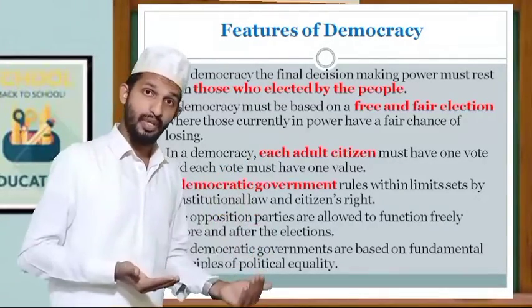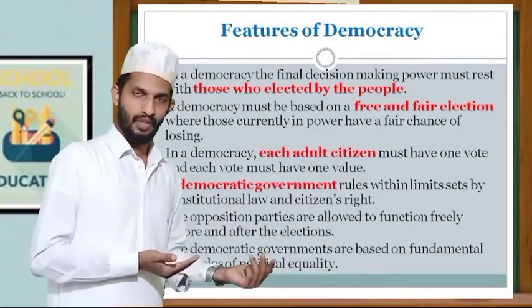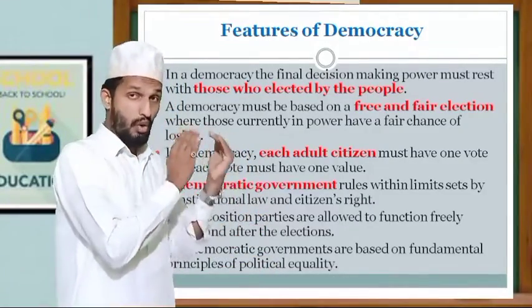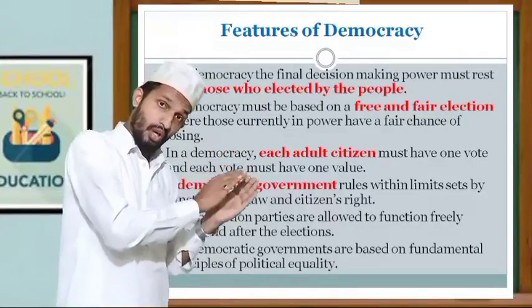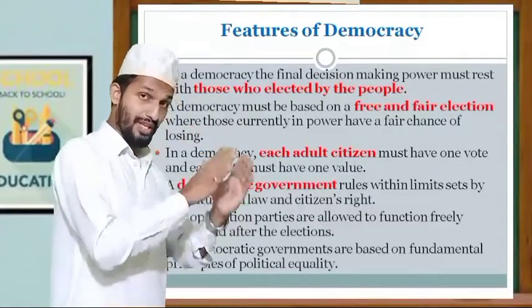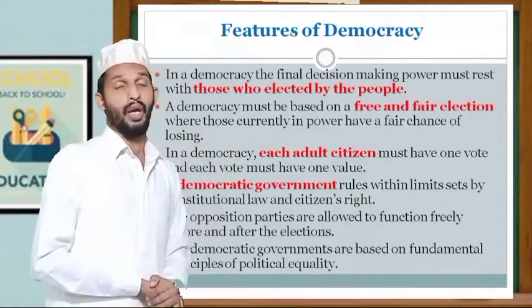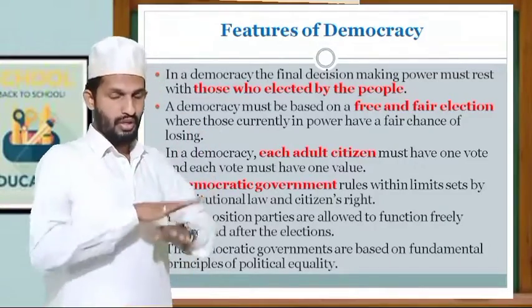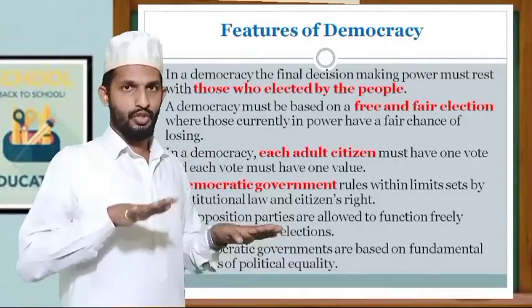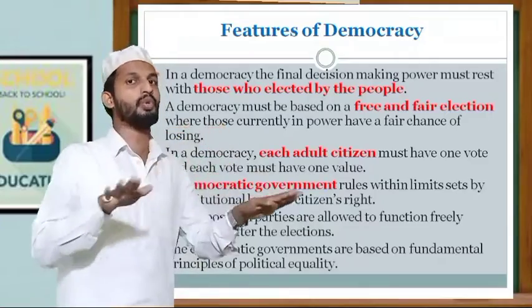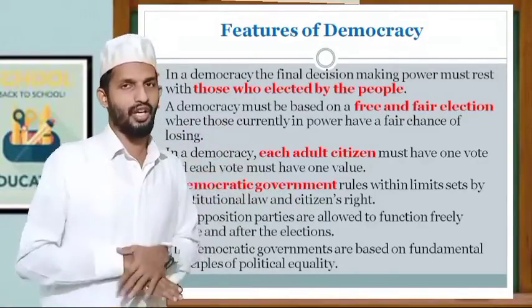So which type of government? Democratic government. How they rule, the rules and everything is already set by the constitutional law and the citizens' rights. The constitution set everything to rule the country in a perfect mode. So that is democratic government.